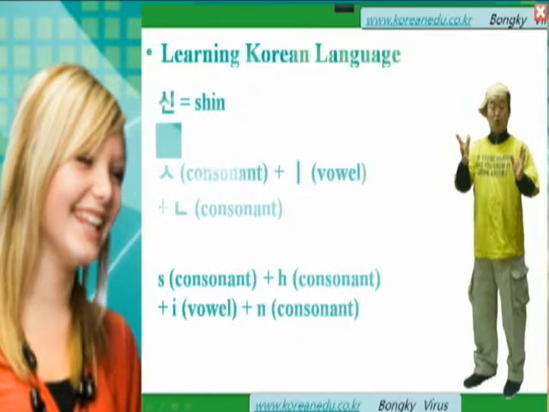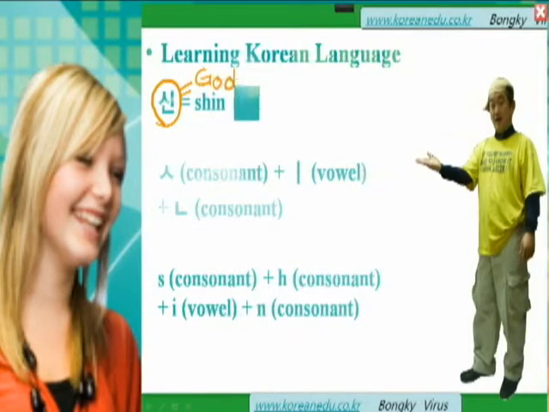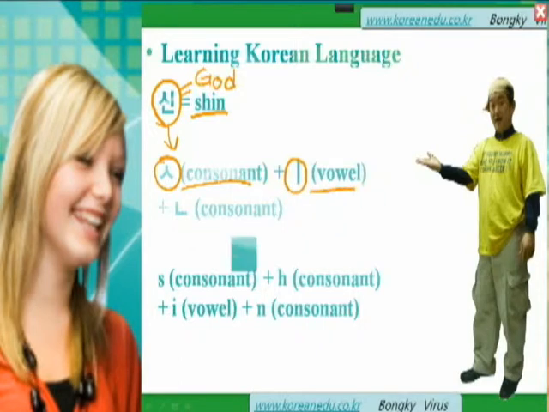Okay, you just saw the Korean word Shin. What was it in English? Yes, it is God. If you express only the sound in English, we can express it this way. Shin. I'll show you one more time. 시옷, consonant, E, vowel, and 니은, consonant.